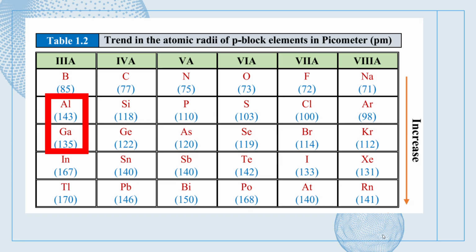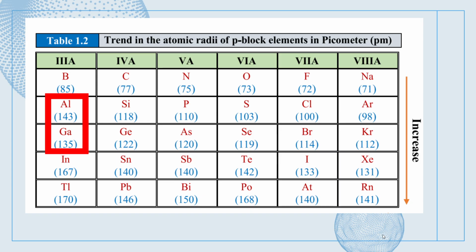Exception means the group trend says that atomic radius is supposed to increase regularly. But for aluminium and gallium, you can see that the atomic radius is decreasing. For aluminium, it is 143 picometer and for gallium it becomes 135. It should have increased, but it is decreasing. It means it is an irregularity, and in the remaining elements there is a regularity of the trend. So this irregularity is considered as the exception.